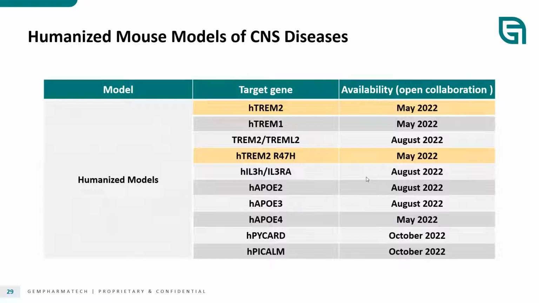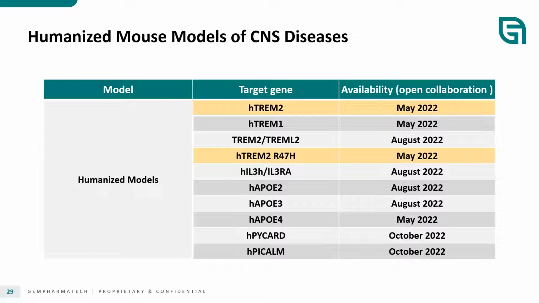And with these, we hope to work with outside groups to help characterize the mouse models for their own internal research studies, but also if we could work with groups who could characterize the mouse models for our own, for better understanding the mouse models themselves, that would help us and our marketing team.